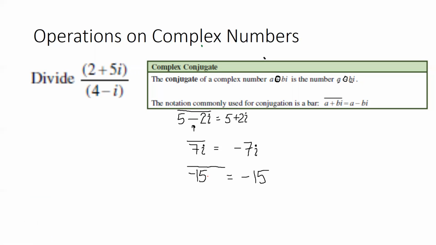And I said, all right, well, this is going to be negative 15 plus, I don't see an i there, so its coefficient is technically 0, right? And now I'm just going to go ahead and change that sign in the middle. Negative 15 minus 0i. Well, okay, if I add no i's to it, it's the same as taking no i's away from it, and I just end up with negative 15.